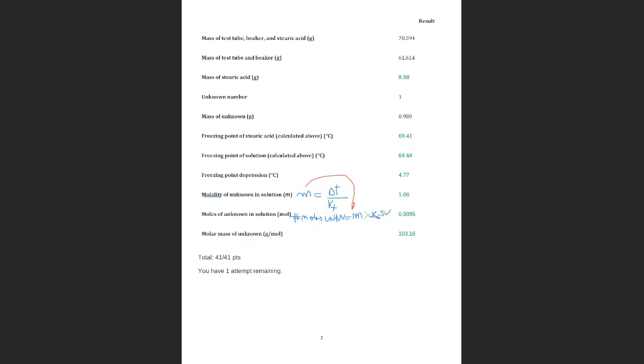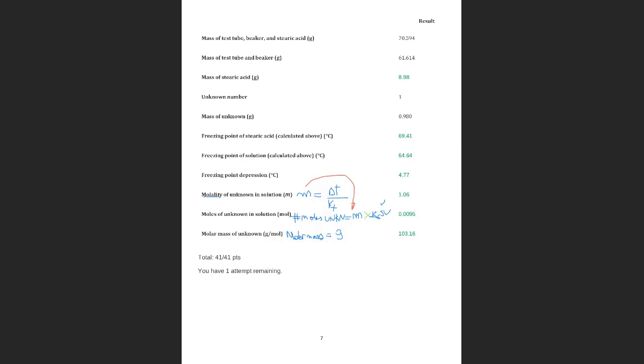And that is given because we know that molality is number of moles per kilogram of solvent. So that's all. This is data, this is given. And when you have to calculate the molar mass, the molar mass is the grams of the unknown that is given, that you calculated before.